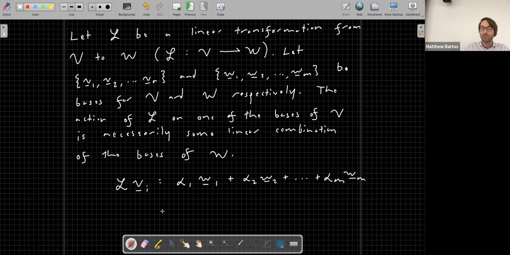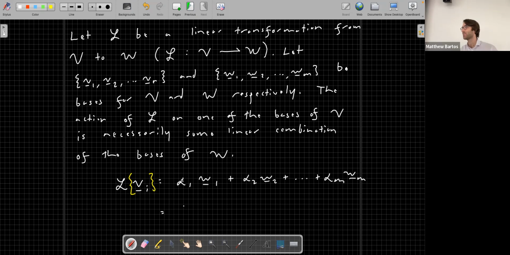So we can write this as a matrix vector product. There's just one linear transformation, just one L. And when I'm saying L V1, really this is saying L applied to V1. Oh, this is alpha.